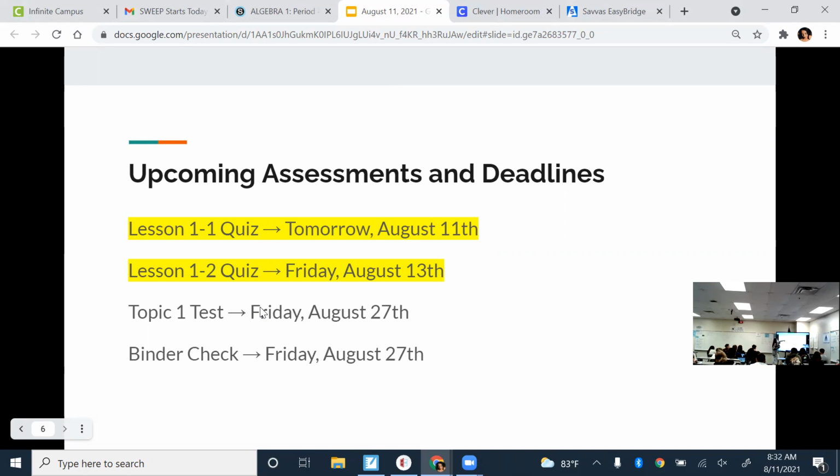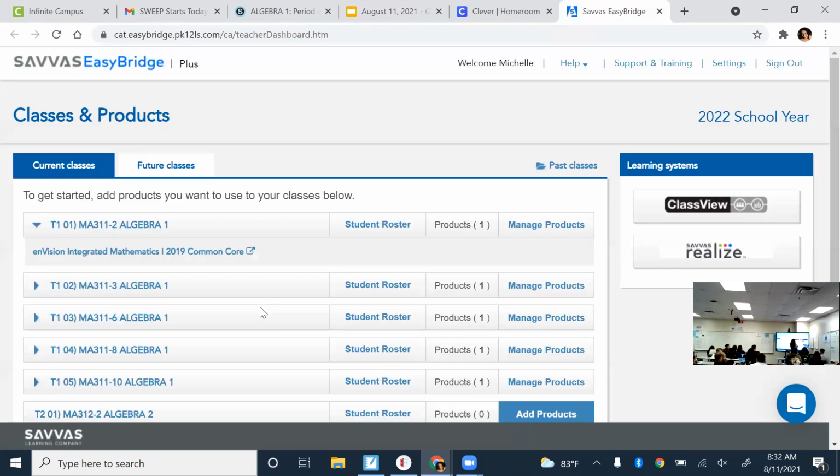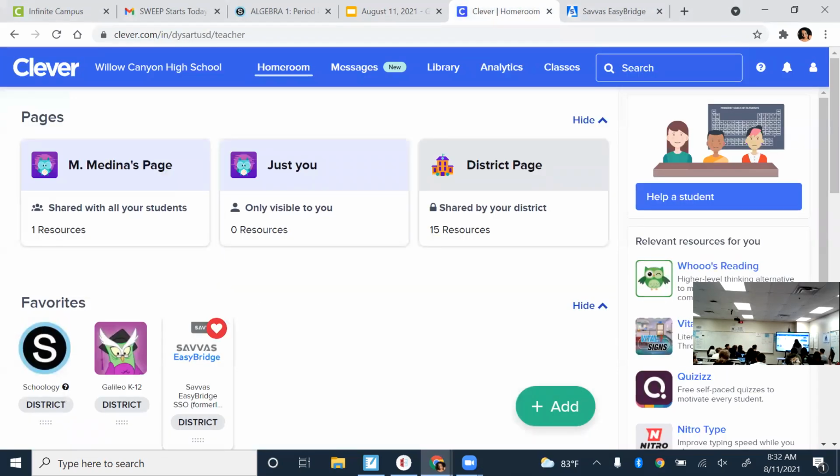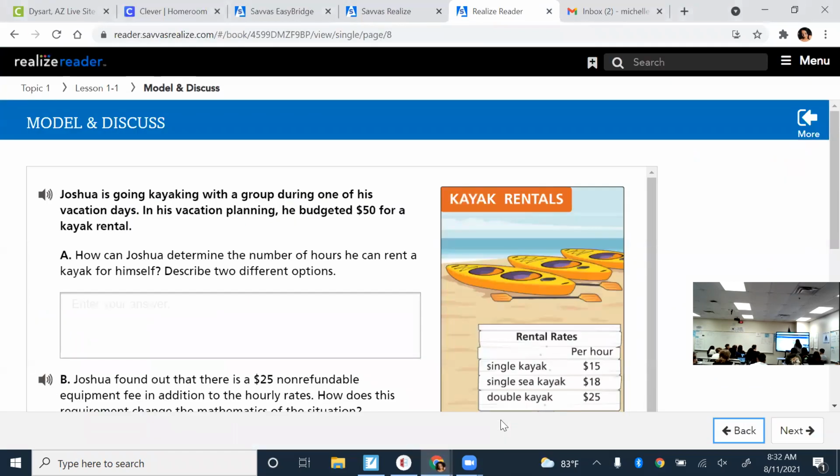All right, now we are going to do the explore piece. So let me project it. The explore piece is what you need your workbook for. All right, so you all got a workbook. So open it up to one of the first few pages. It looks like this. It says 1-1.